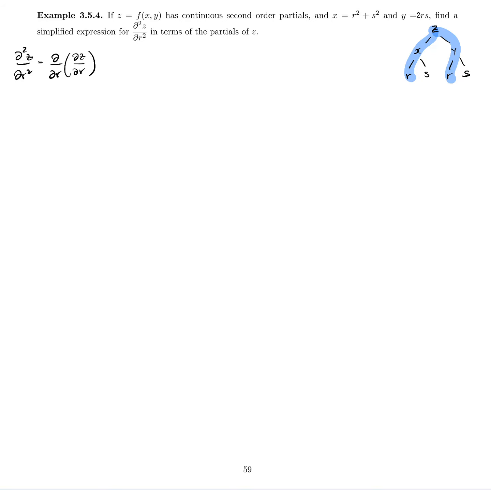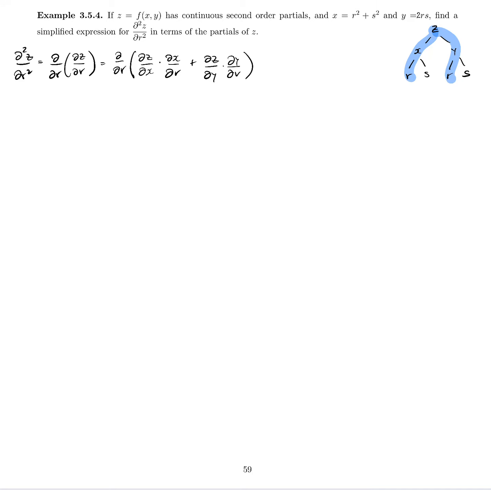Now here is where we're going to use the chain rule. The first partial with respect to r we can access through these two branches of the tree diagram. So we can take the partial with respect to r of, and here's the chain rule, ∂z/∂x times ∂x/∂r plus ∂z/∂y times ∂y/∂r.